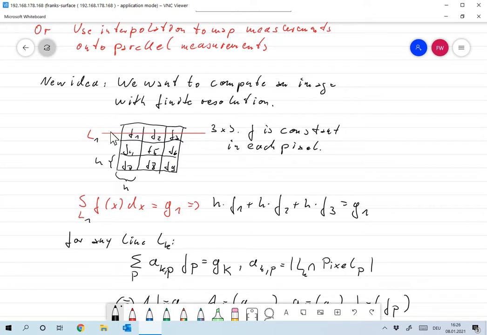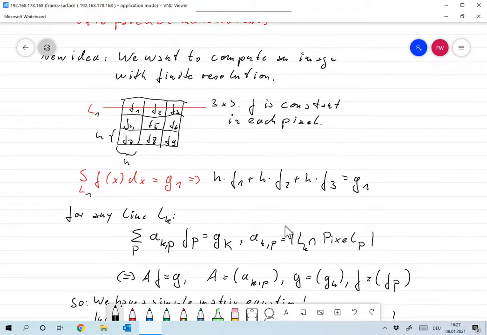Same thing here: the intersection between L1 and this pixel has again length h, so the contribution of this pixel is h times f2, and it's h times f3 over here. All the contributions should add up to the measurement. So we would assume that h times f1 plus h times f2 plus h times f3 should be equal to g1.